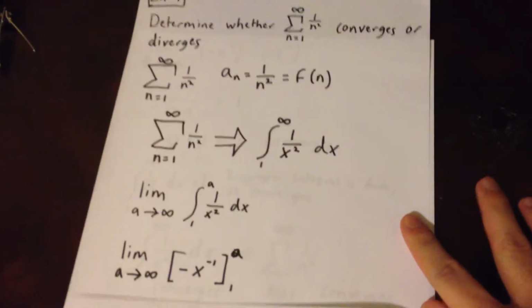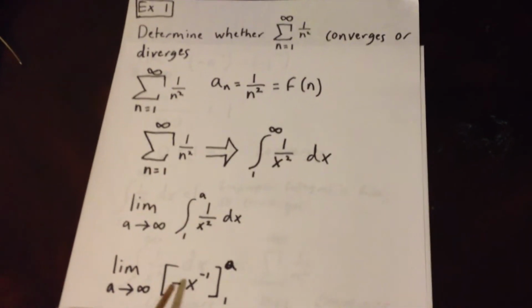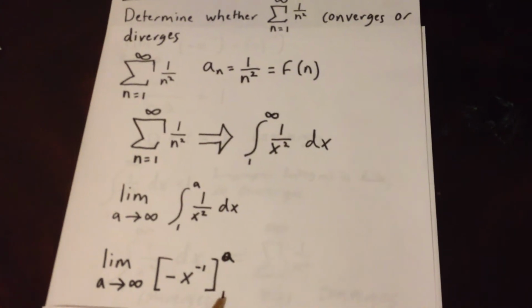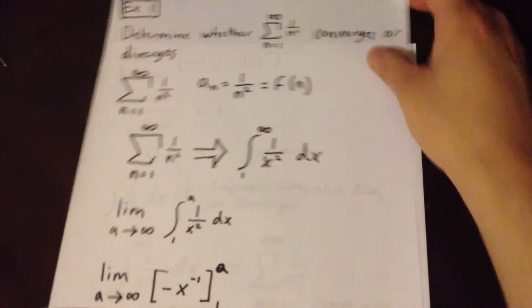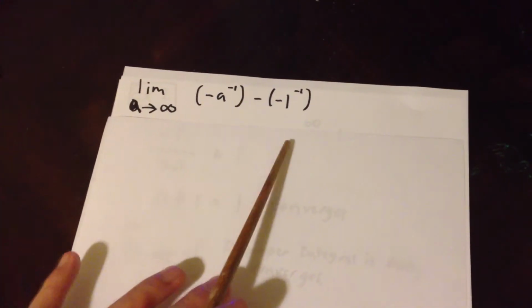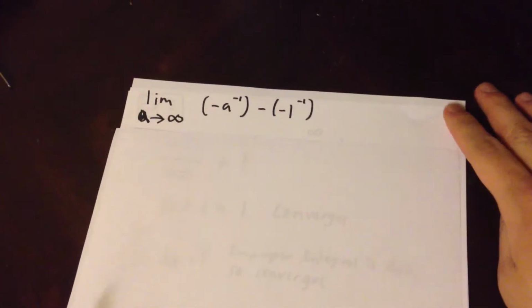You can then take the antiderivative of this function, which is negative x to the negative 1 power, and evaluate it from 1 to a. After you've taken the antiderivative, you plug in a and 1, and you can evaluate the integral.